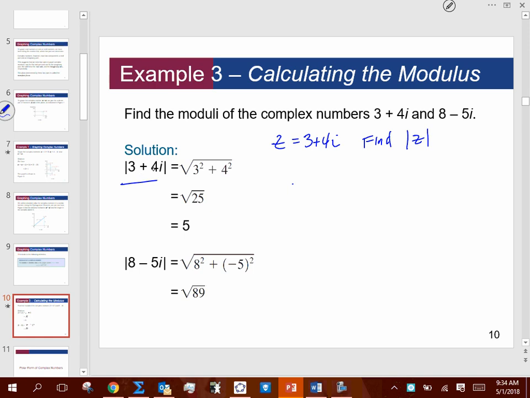Does that make sense? Okay. If it's 3 plus 4i, all I do is take the A part, square it, take the B part, square it, Pythagorean theorem, add them together, take the square root, which gives me 5.